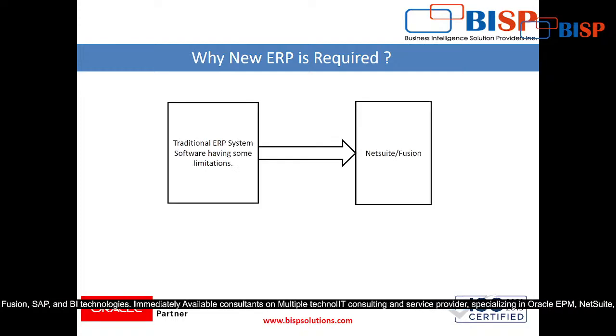When a client is migrating from one application to another, there might be some limitations in the previous system, which is why they need to move into the new ERP system.